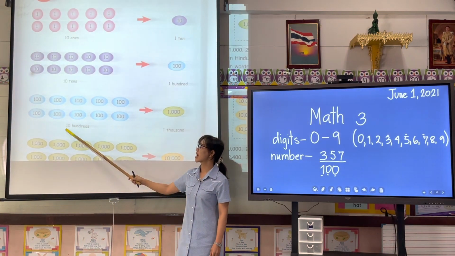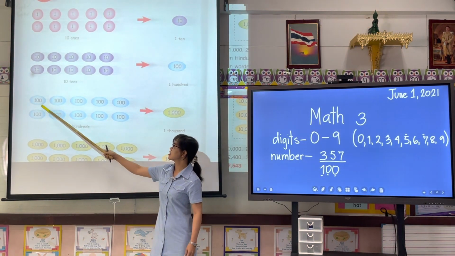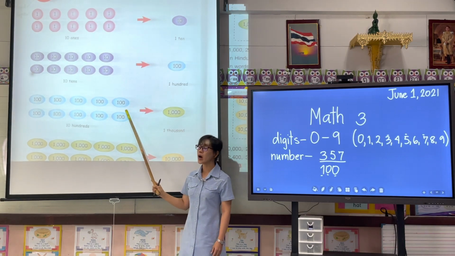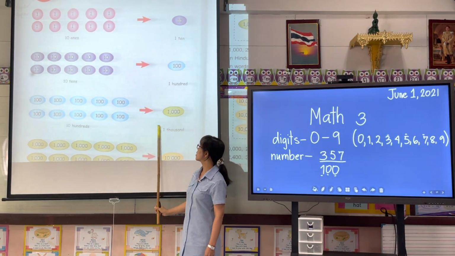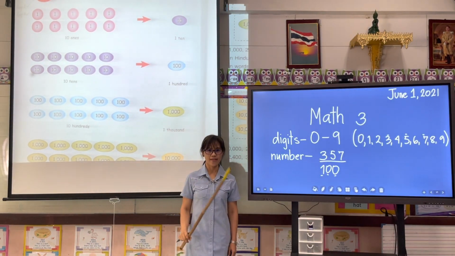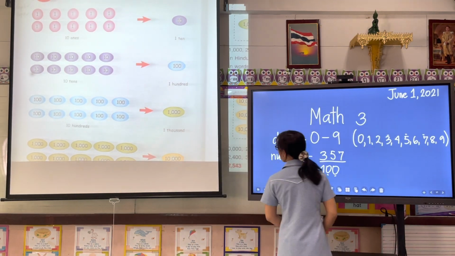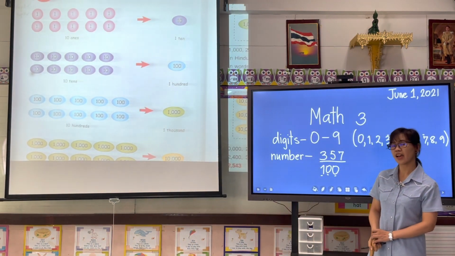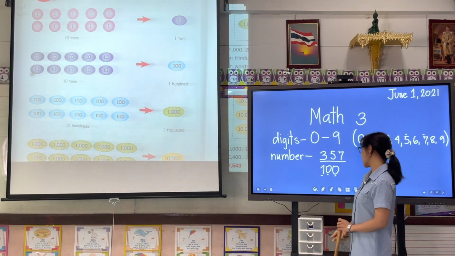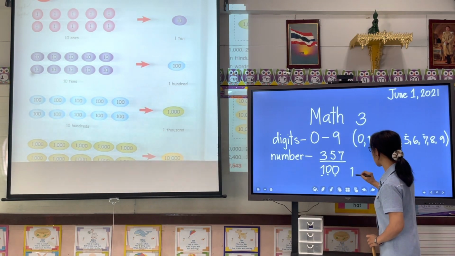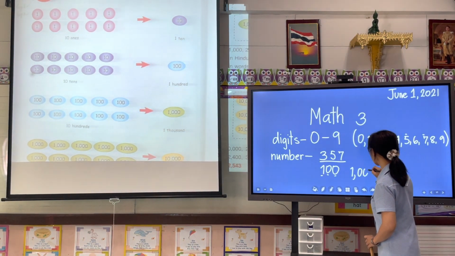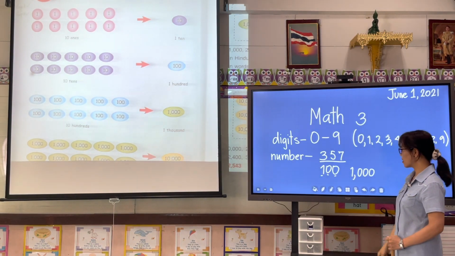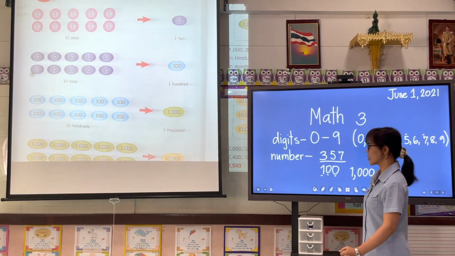So 10 hundreds, meaning 10 groups of 100 make 1,000. Or we could say 10 times 100 is 1,000. That is 1,000.